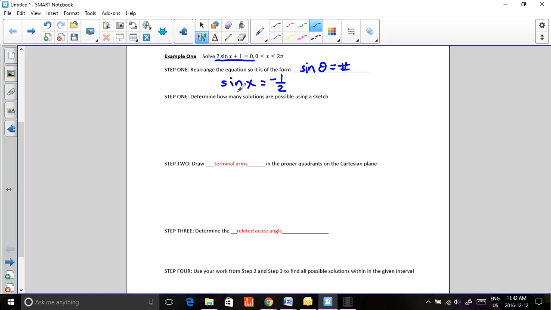Okay, so determine how many solutions are possible using a sketch. You have two options here. Either you can sketch the original, 2 sine x plus 1. It has an axis here at 1, starting on the axis and then going up 2 above and down 2 below, and then back up to here.